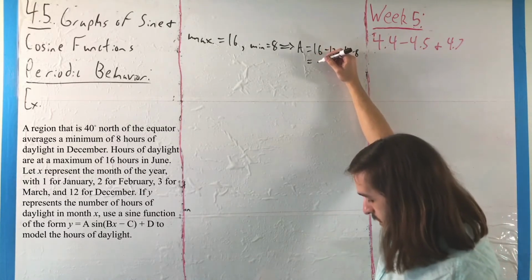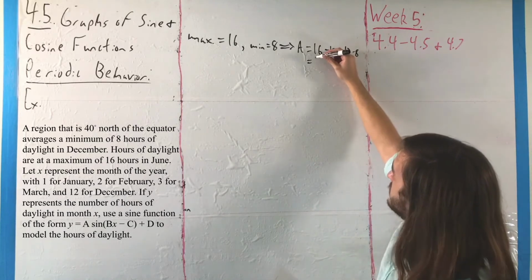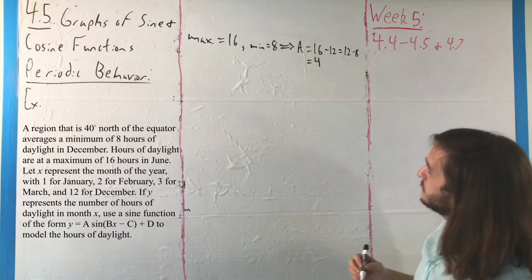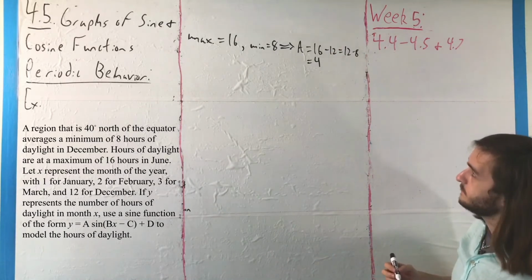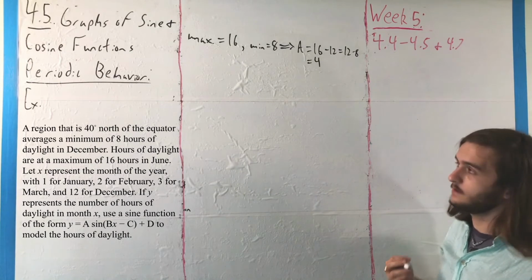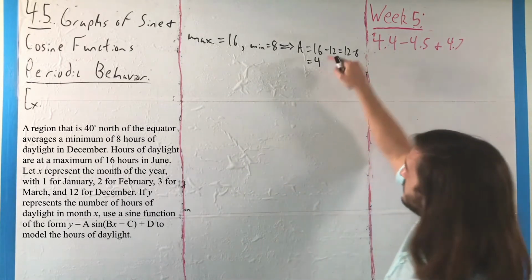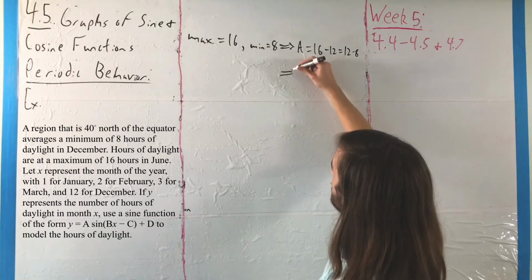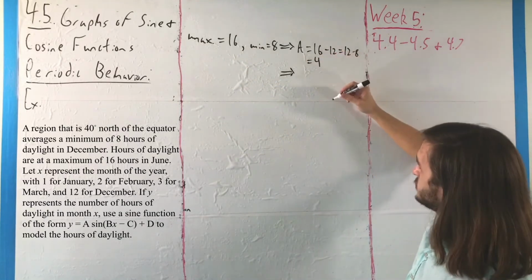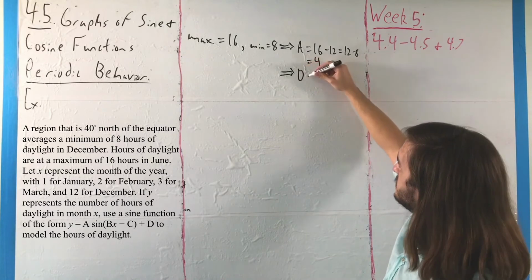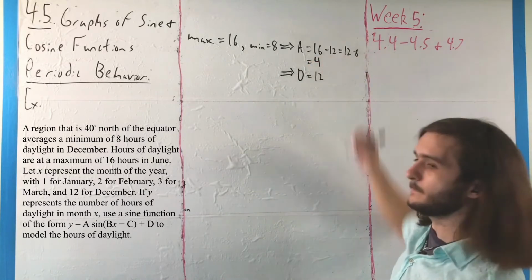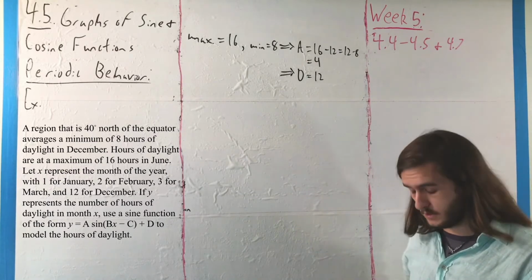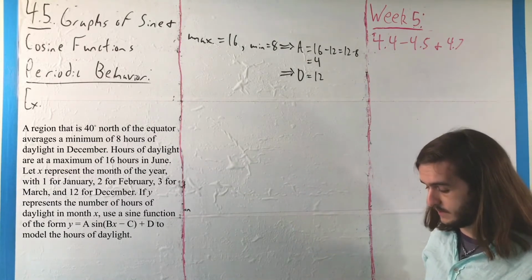In either case, we get that the value A is equal to 4, while because our middle is right there at 12, we also get that the vertical shift D is 12. You have to have been pushed up to that 12 somehow, and the only way to do that is in terms of a vertical shift.